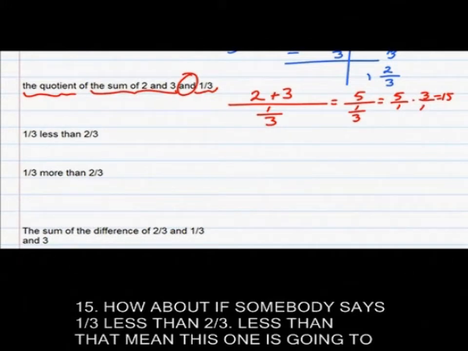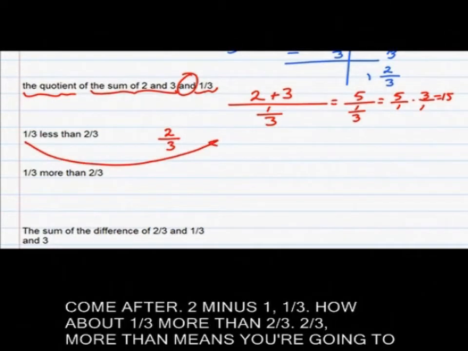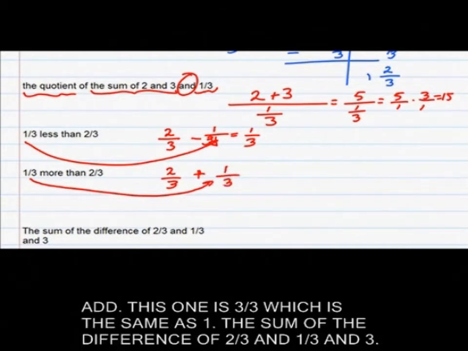How about if somebody says 1/3 less than 2/3? Less than means this one is going to come after. 2/3 minus 1/3, 1/3. How about 1/3 more than 2/3? More than means you're going to add. This one is 3/3, which is the same as 1.